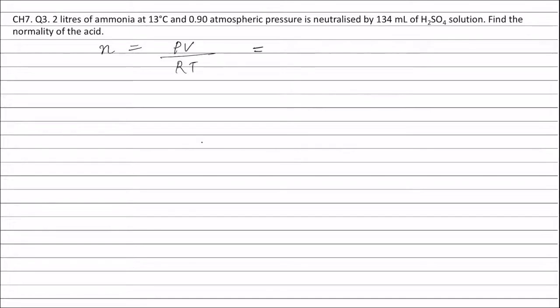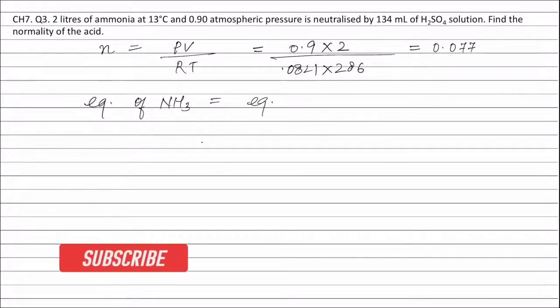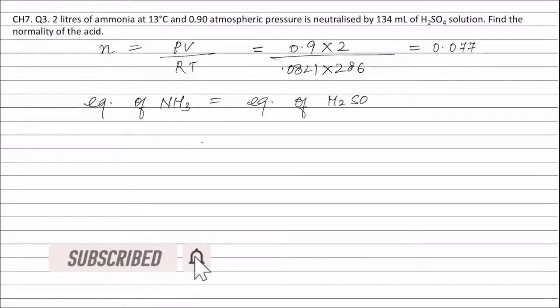This is equal to pressure 0.9 atmospheres, volume 2 liters, divided by R, the value of R is 0.0821, into temperature 286 Kelvin. Solving this, the number of moles of ammonia is equal to 0.077 moles.